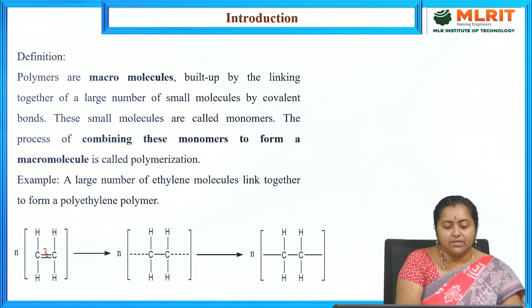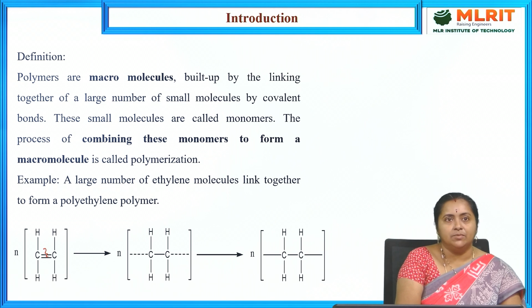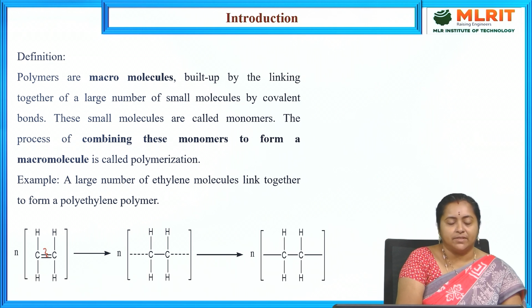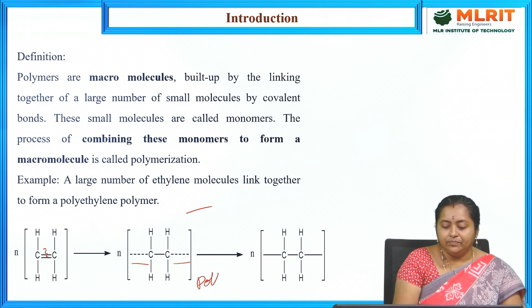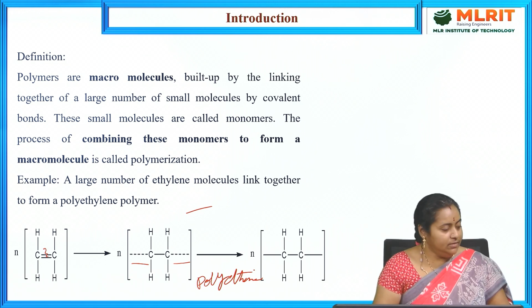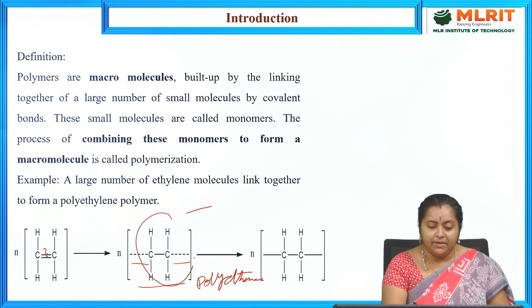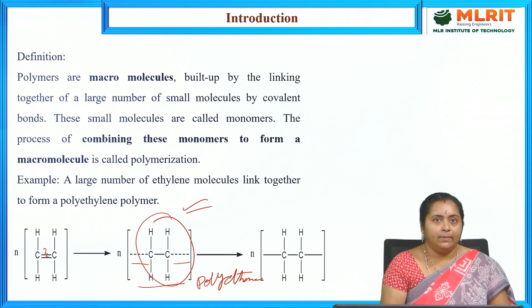In unsaturation, pi and sigma bonds are present. The pi bond needs much less energy than the sigma bond in the breaking process, so the pi bond is easily broken. Breaking of one pi bond and formation of two sigma bonds on either side of the carbons take place parallelly. That is why a polymerization reaction takes place, and polyethylene is the product. The structure shown is the repeating unit, which repeats in the polymer backbone.